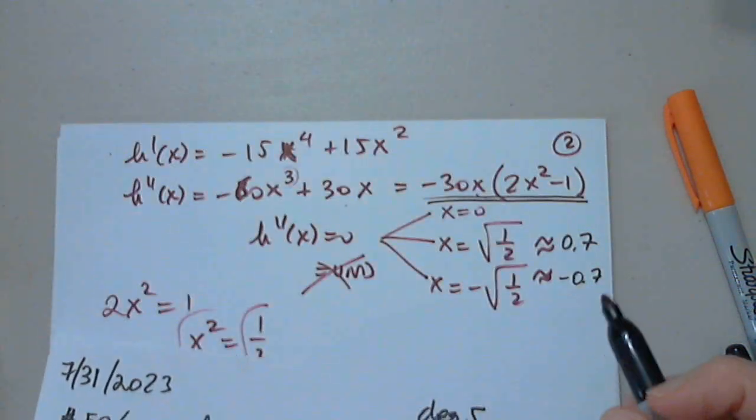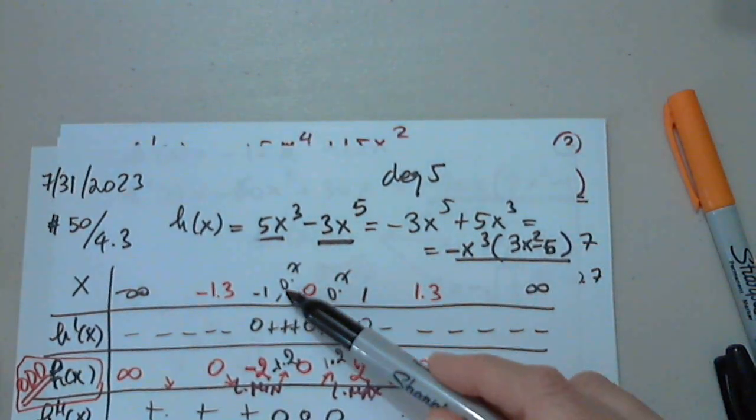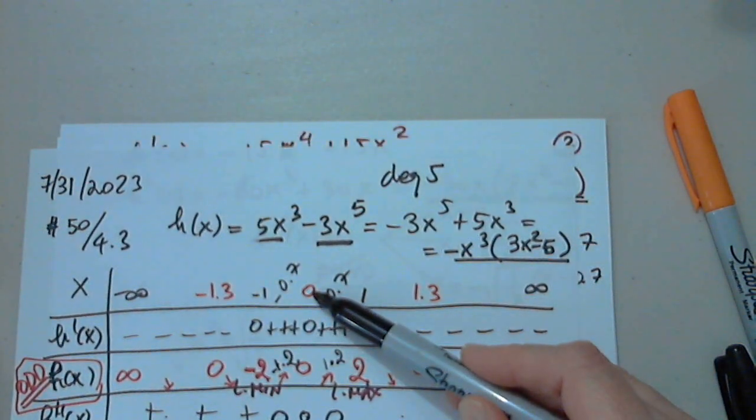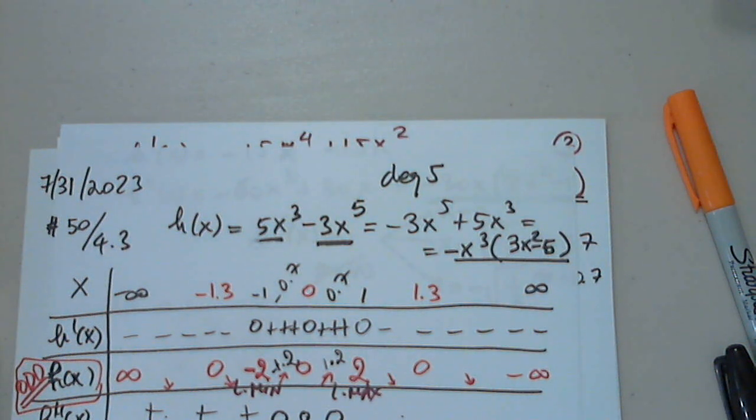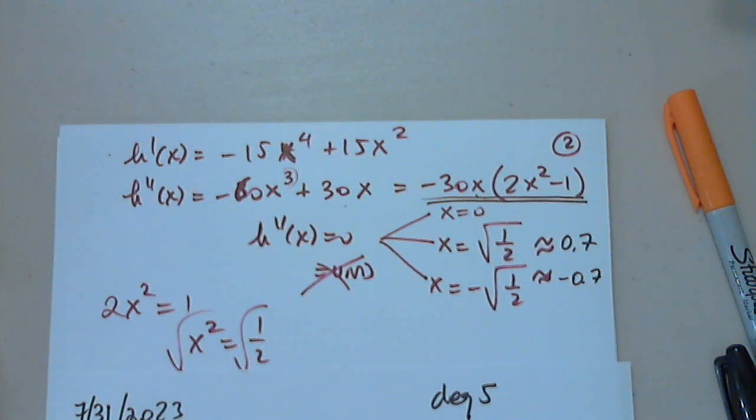Okay. Now I have to plug in a number between negative 0.7 and 0. No, I'm not going to do that by hand. I'm going to share my screen and put in the second derivative in here, which was negative 30x, and then parentheses 2x squared minus 1.